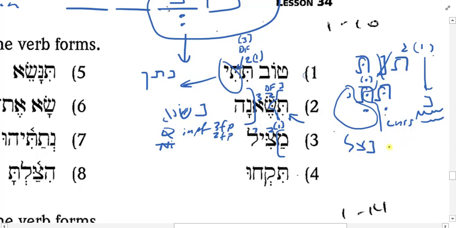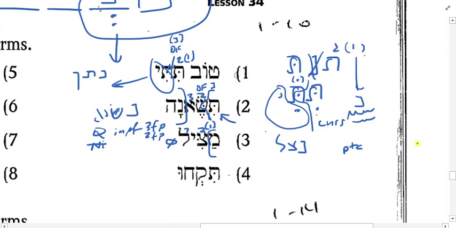What does it mean? Natsal, to deliver or rescue. Good. The mem then would be a participle. And if it's a participle, the no ending on the backside of the lamed is what gender or number? Participles don't have person, just gender and number. MS.